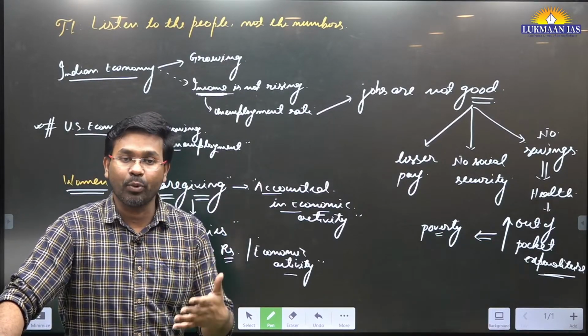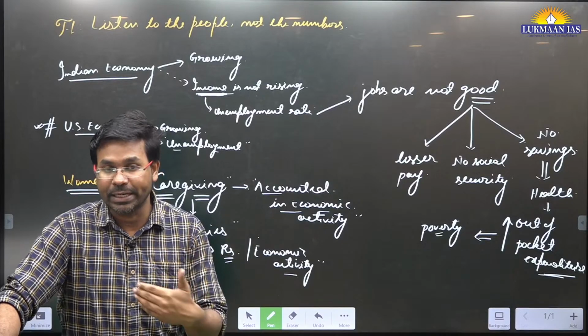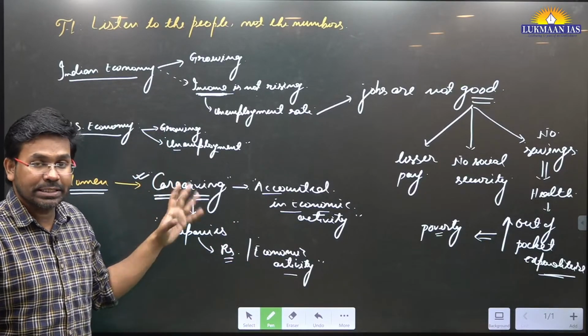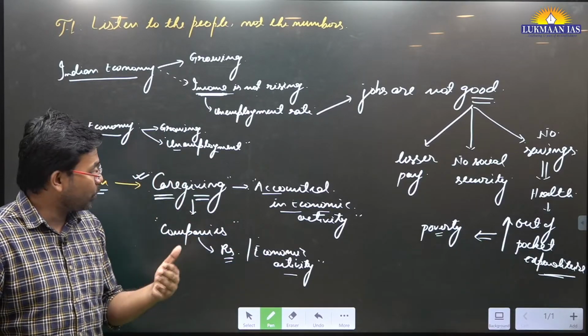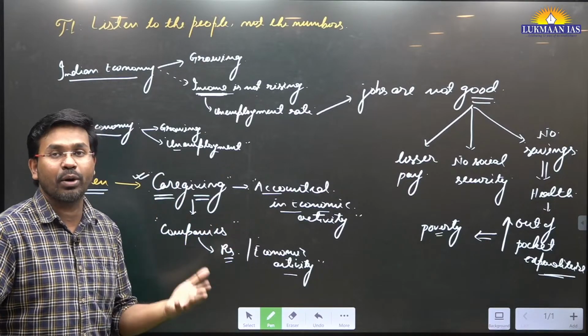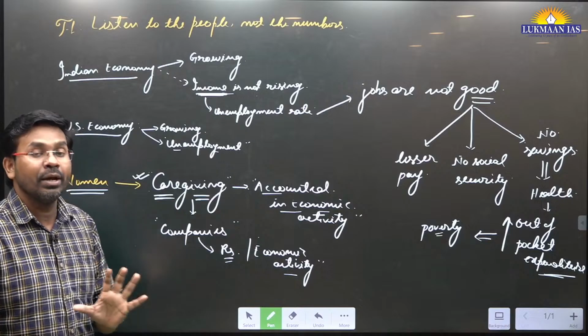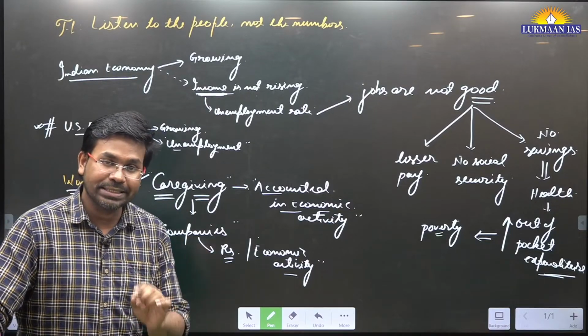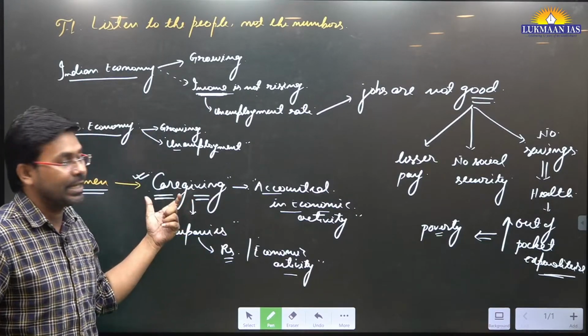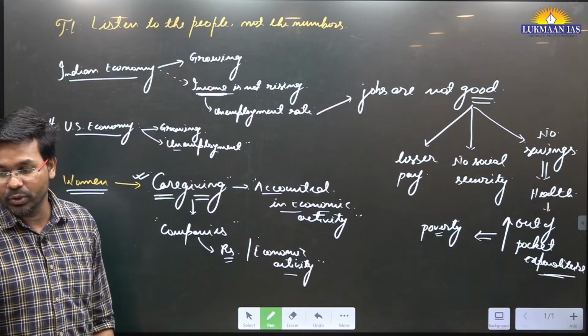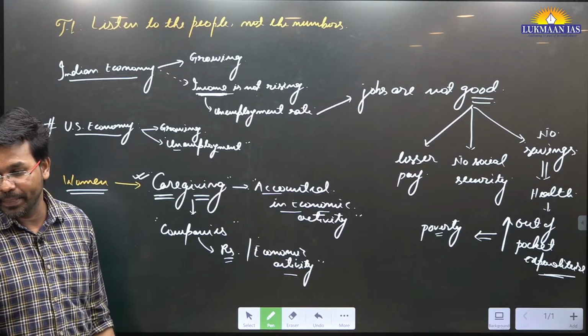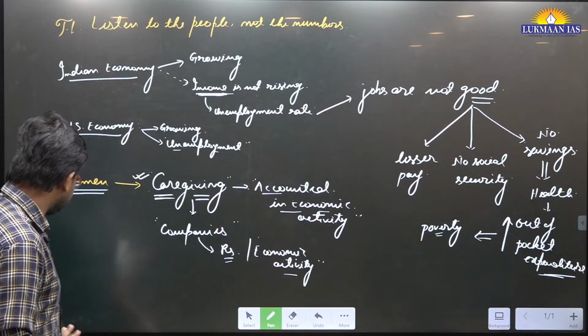Since it is not accounted, it becomes very difficult for them to justify the work that they do. They do 24/7 work at the household. So this is the thing. The state of the Indian economy needs to formulate policies that also account for caregiving activities in the Indian economy. Okay, so this is what is being suggested by this particular author in this article.